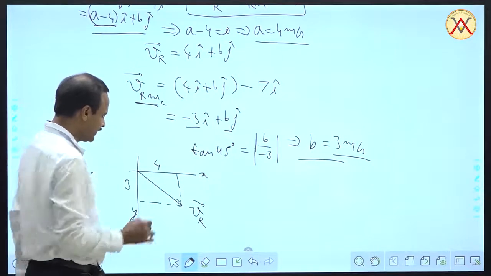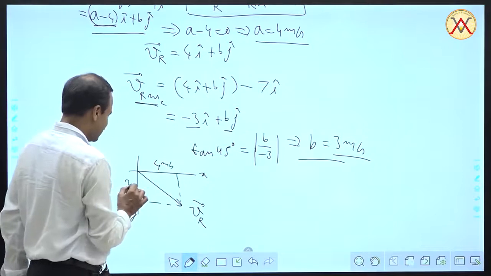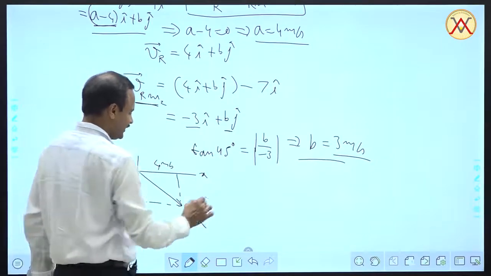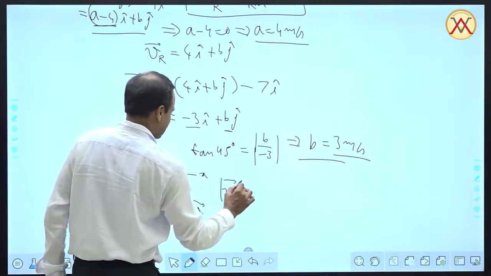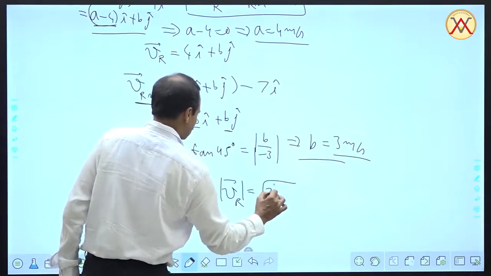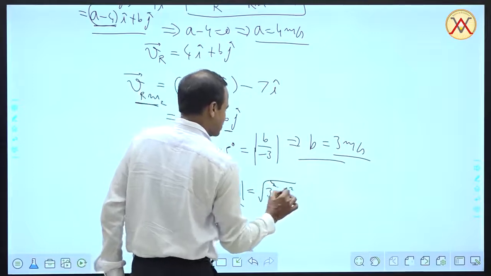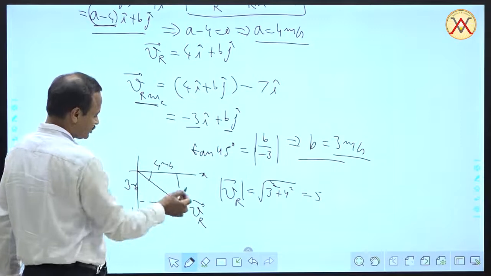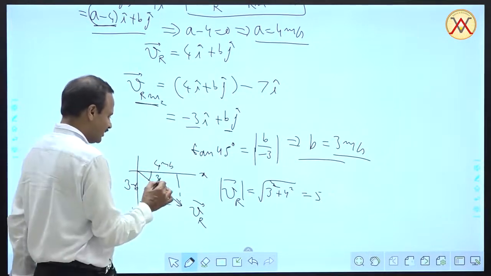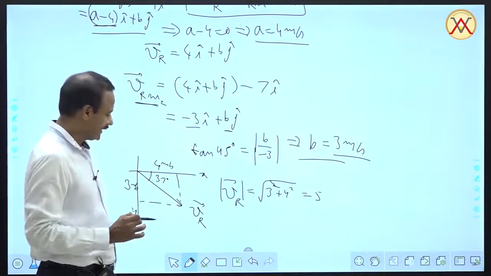If you want to write it in terms of magnitude and direction, you can easily see that the magnitude of the vector will be root of 3 square plus 4 square, which is of course 5, and this angle, tan inverse of 3 by 4, that also we know will be 37 degrees.